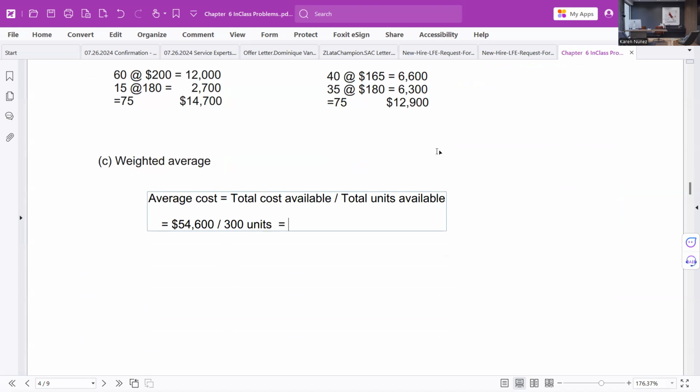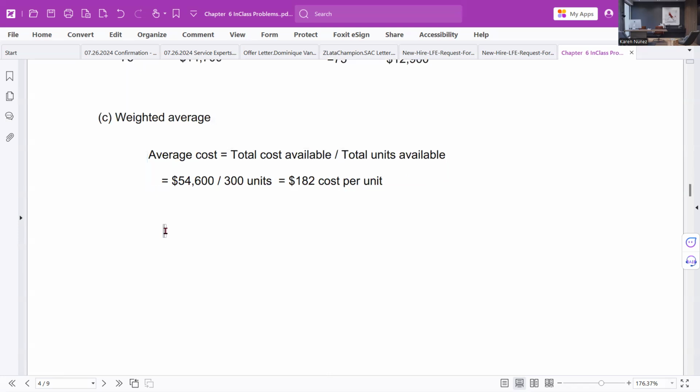So what we have here is a unit cost of $182. So the average cost is $182 per unit.